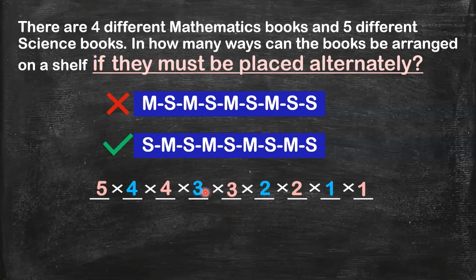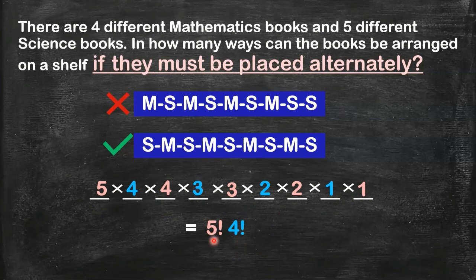Kapag kinulect ninyo lahat ng pink, you're going to have 5 times 4 times 3 times 2 times 1. So, that is exactly 5 factorial, right? And then, dun sa blue, 4 times 3 times 2 times 1. That is exactly our 4 factorial. So, this is equal to 5 factorial times 4 factorial.